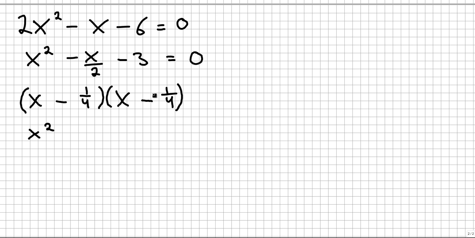X times minus 1 over 4 is minus x over 4. Then minus 1 over 4 times x, once again minus x over 4. Minus 1 over 4 times minus 1 over 4 is going to be plus 1 over 16.